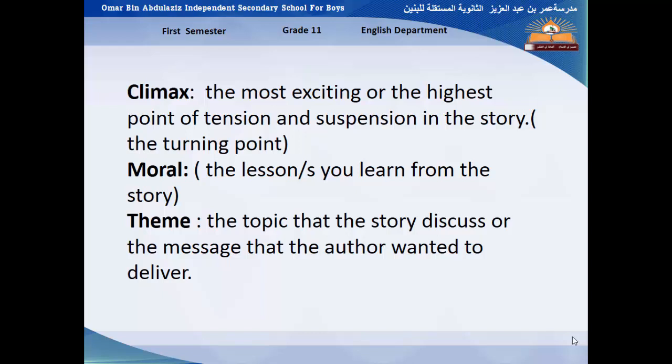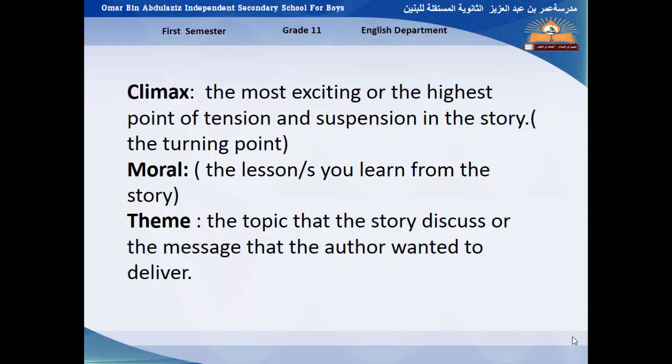When it comes to the exam and he asks you a question about the moral, telling you what's the moral of the story, it's logical and clear. You can find the moral of the story by the end of the reading passage.